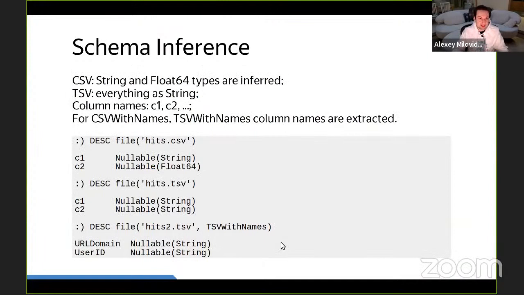What if we have CSV or TSV? In CSV, if data is inside quotes, it will be inferred as a string. If it is a number, it will be float64. For TSV, tab separated, everything will be a string.